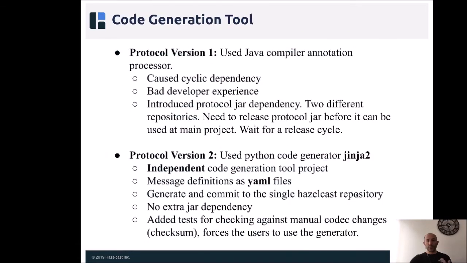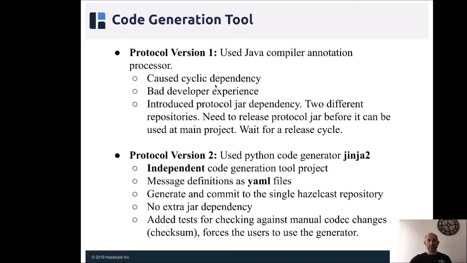Now, let's look at how we generate all these messages. We use tooling, of course, very important. In protocol version 1, we use the Java compiler annotation processor. In protocol version 2, we use the Python code generator Jinja. So what are the pros and cons?